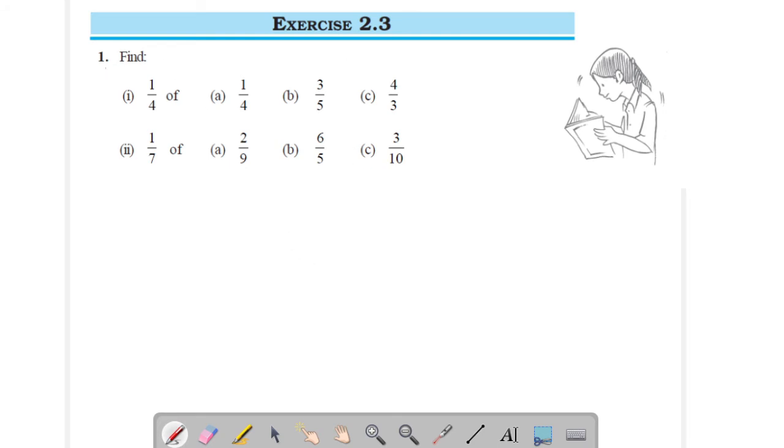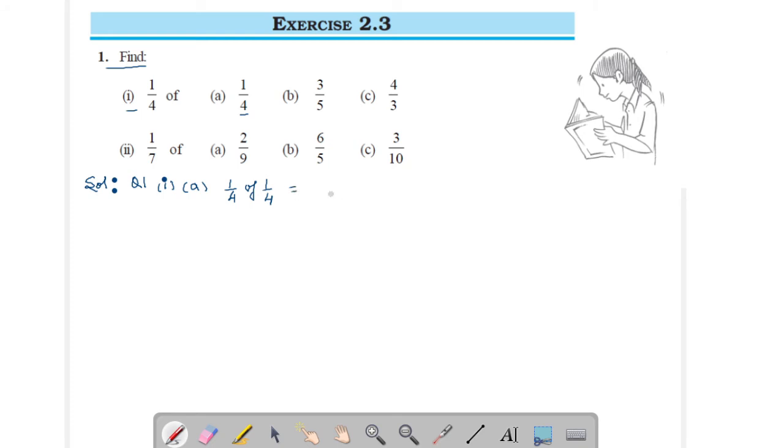See question number 1, A part. That is the first part. 1 upon 4 of 1 upon 4. Here you have to multiply 1 upon 4 of 1 upon 4.